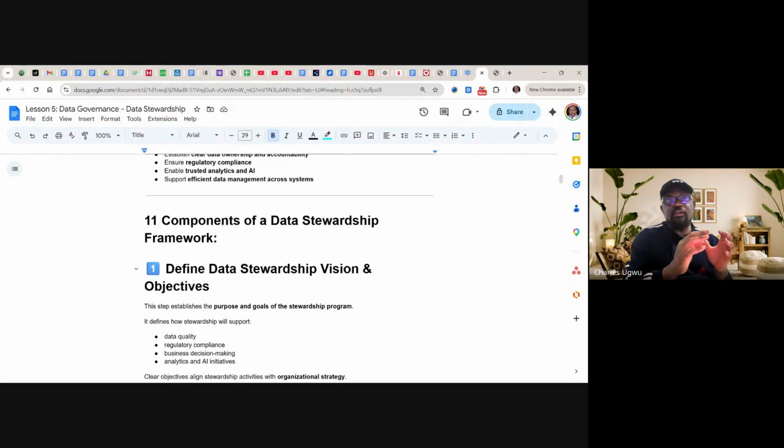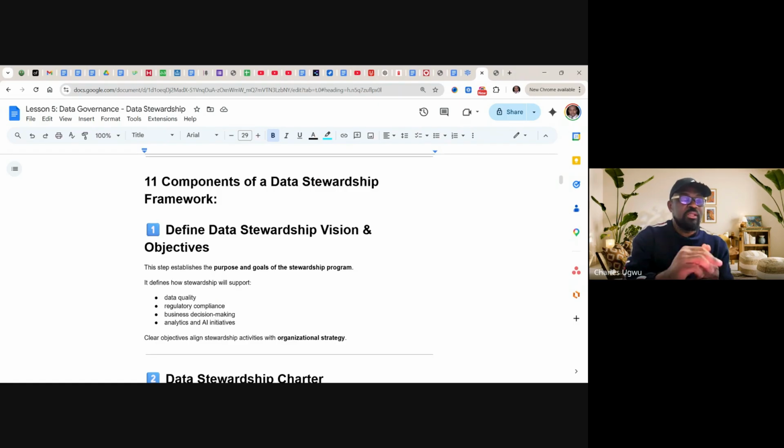All these 11 components have to be treated within your compliance documentation. If you are building a data stewardship framework, which is a set of documents, it is going to be a source of truth for data governance and data management. You need to come under 11 components here.